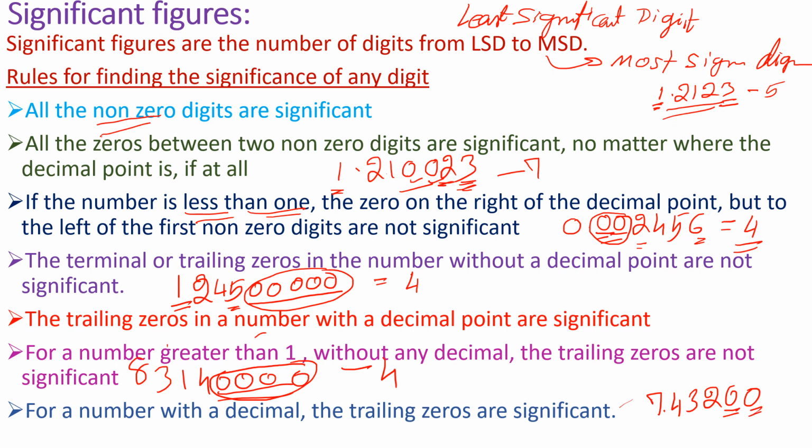So since it is a number with a decimal point, all the trailing zeros are also significant. Which one becomes the most significant? 7 becomes MSD and this last 0 becomes the LSD. The number of digits between MSD and LSD is called the significant figures. So 7, 4, 3, 2, 0, 0: 1, 2, 3, 4, 5, 6. So 6 is the number of significant figures in this given example.